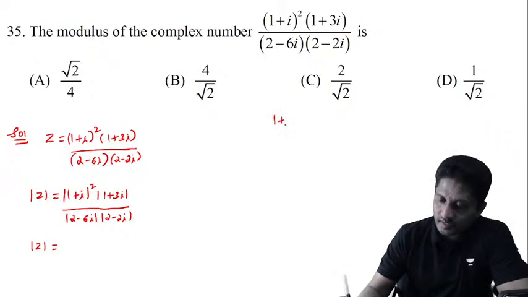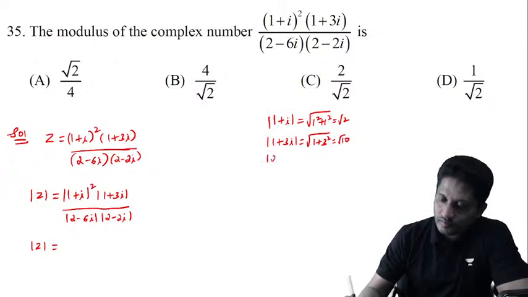Modulus of 1 plus i is the root of x square plus y square, which is root 2. Modulus of 1 plus 3i is root of 1 plus 9, which is root 10. Modulus of 2 minus 6i is root of 4 plus 36, which is root 40. And modulus of 2 minus 2i is root of 4 plus 4, which is equal to root 8.